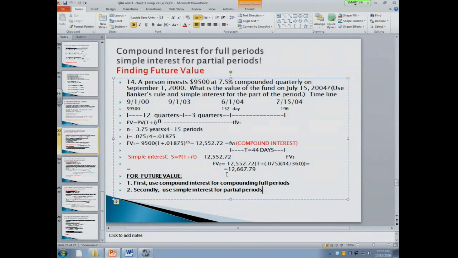And so on July 15th, the value of our investment is $12,667.79. So we use compound interest for full periods and simple interest for partial periods.